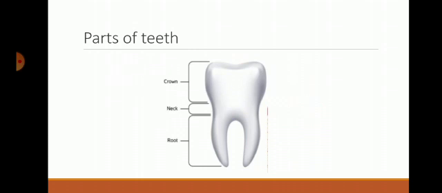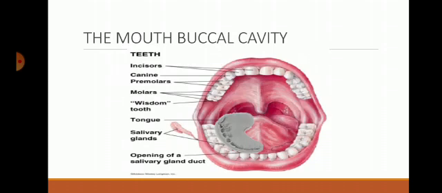When milk teeth fall off, a new set of teeth grows in their place. This second set is called permanent teeth because these remain till old age. But if the permanent teeth fall down, no new teeth arise in their place.